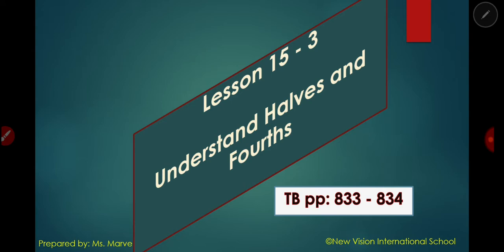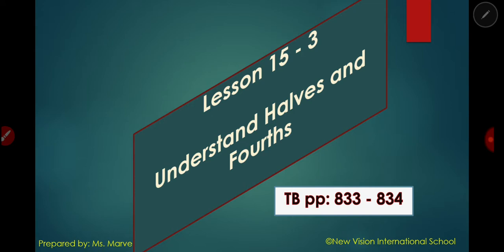So when you divide or partition any shape, whether it is a circle, a rectangle, a square, or anything, into 2 or 4 equal shares, you need to describe the shares using the words again, halves, fourths, and quarters, and use the phrases half of, fourth of, or quarter of. Or you can also say 2 of the shares or 4 of the shares.